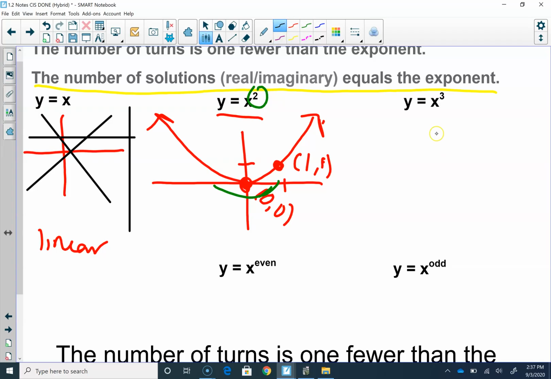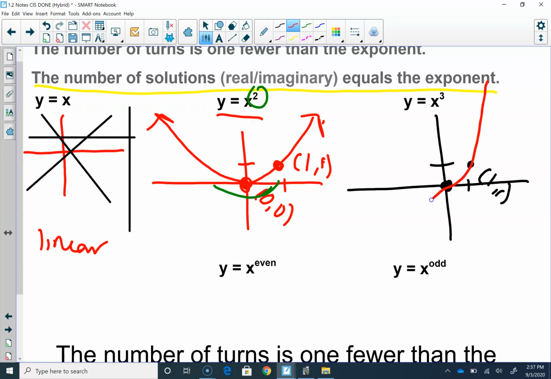Take a look at the next graph here. y equals x cubed. These are parent functions, by the way. 0, 0, 1, 1. That's what they go through again. And this function here goes like this. And this is the exception to the rule that I just typed out for you down there.